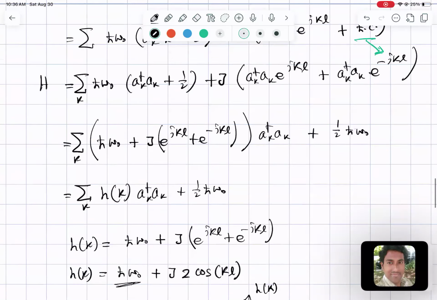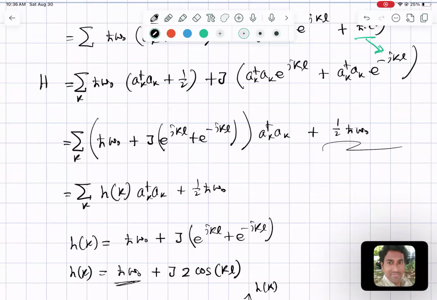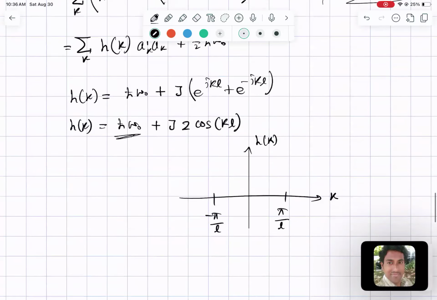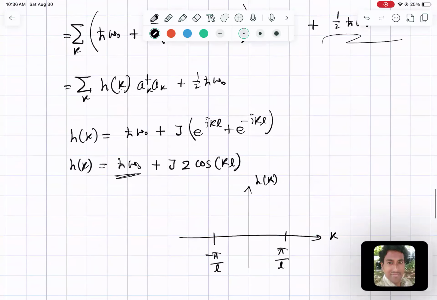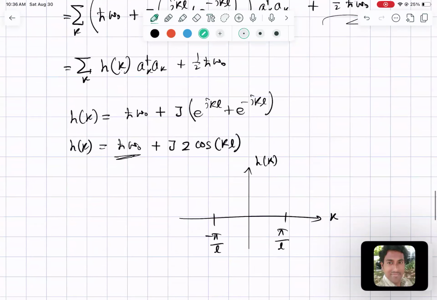And the half is there here in the Hamiltonian, so overall a shift in energy. But the feature of the bands only depends on this cosine K L. Okay. All right. Any questions?